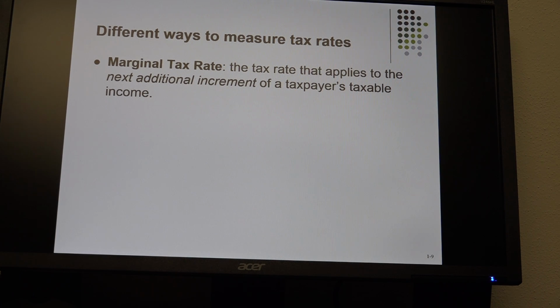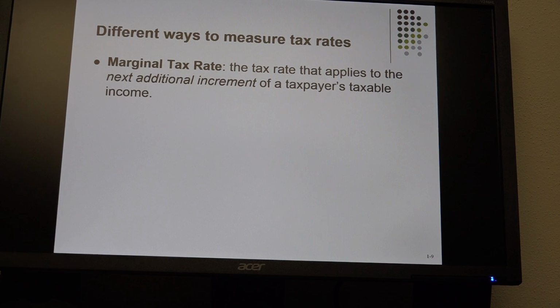It's not 25 because your income's increased, and anything above $90,750 is taxed at 28%. So it's a mix of both 25 and 28% that you have in that total increase of $15,000. So that's kind of how that works.